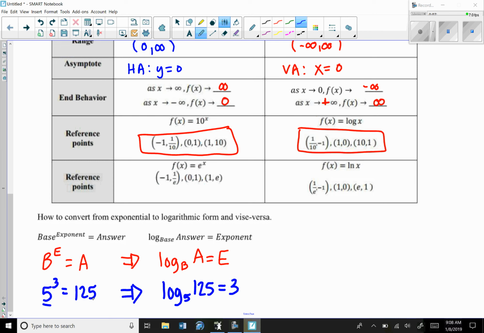So this would be the exponential form on the left, and the right side would be the logarithmic form, because remember again, the answer to a log is an exponent. Which is really cool because it allows us to solve for exponents.